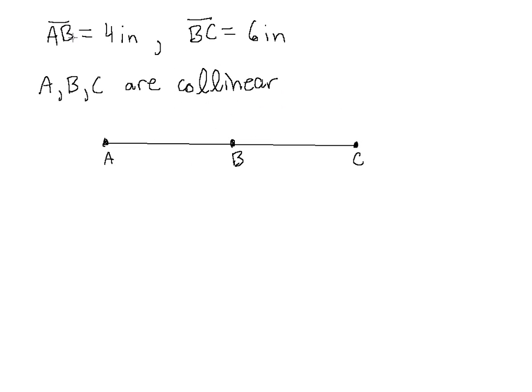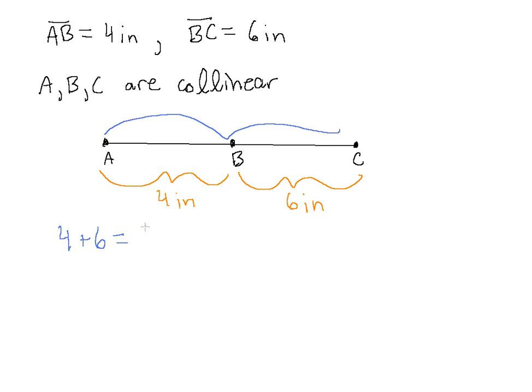All right, so we're told that the distance AB is 4 inches, and the segment BC is 6 inches. And by the segment addition postulate, we can add 4 and 6 to get the distance AC. And this is actually 10 inches.